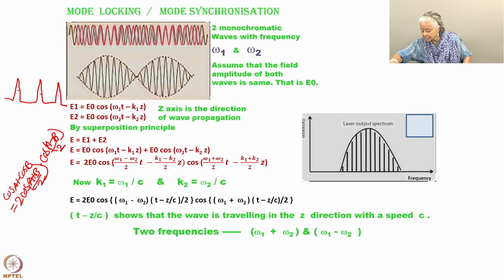That is the identity that I will use, and if I use that, I come to this conclusion: cos multiplied by cos, and you have all these things inside.